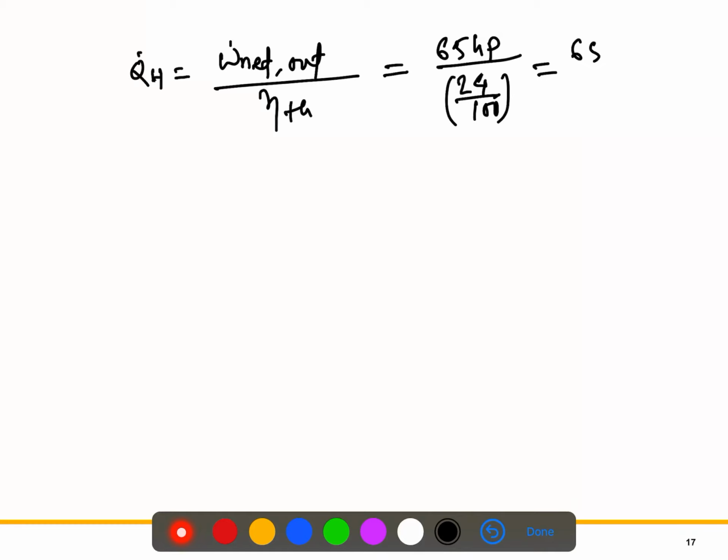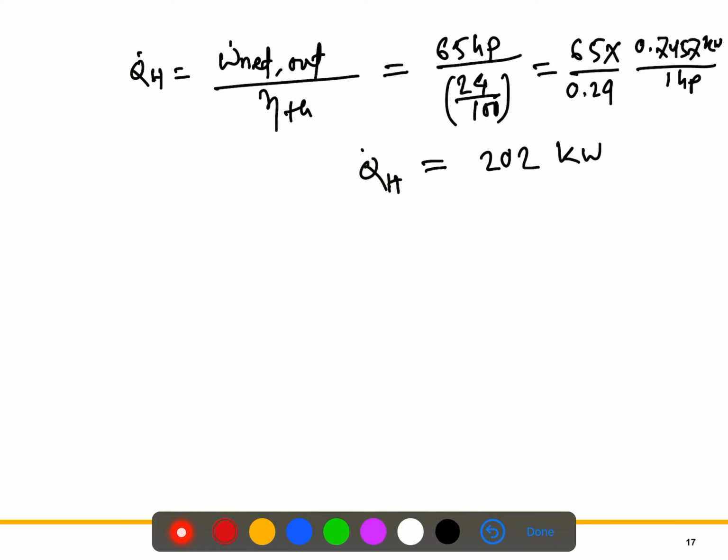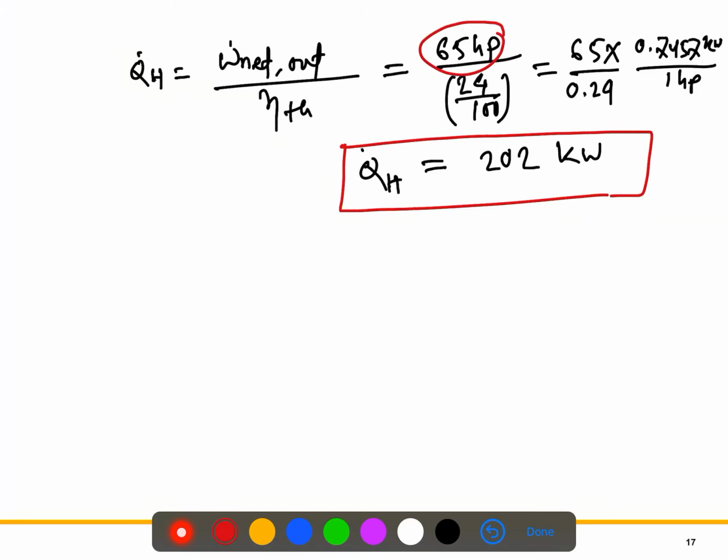Now it is 65, and 1 HP is equal to 0.7457 kilowatt. It is actually the 1 HP value. If we do some simple calculation with 0.24, the Q will be 202 kilowatt. So we got the Q H. That means the amount of energy input we need to get this output of 65 HP.